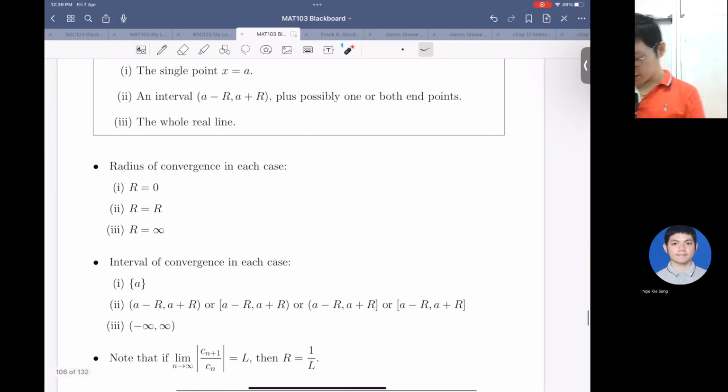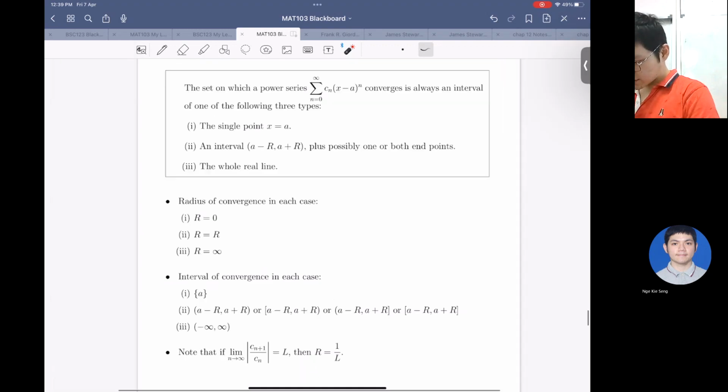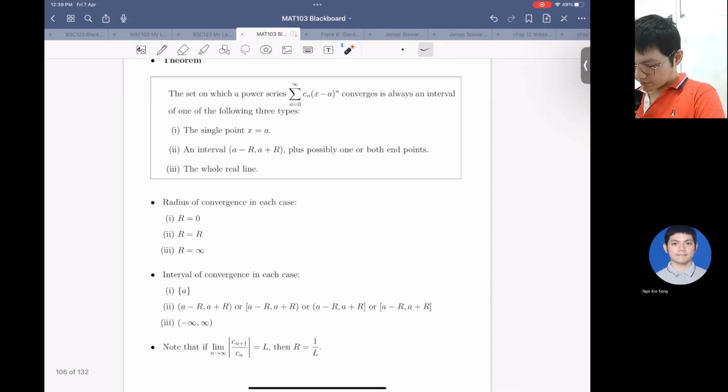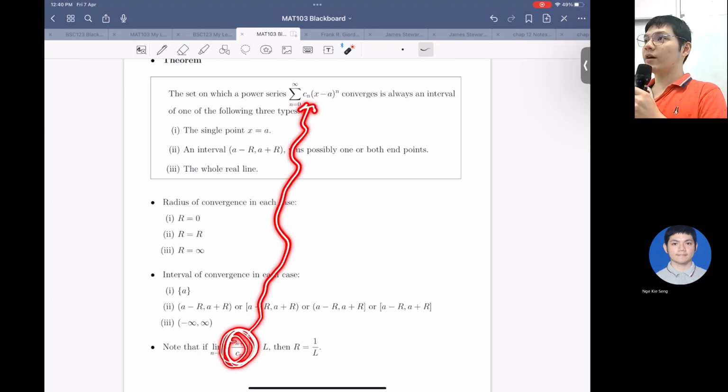Yeah, so there's one remark here. What's this Cn? The remark here is if the limit of the absolute value of Cn plus 1 over Cn is L, actually you can get the radius out. I guess this is when it's converging, so you can get this length out. Then the radius is just 1 over L. So what's this Cn here? You should go back and check where this Cn comes from.